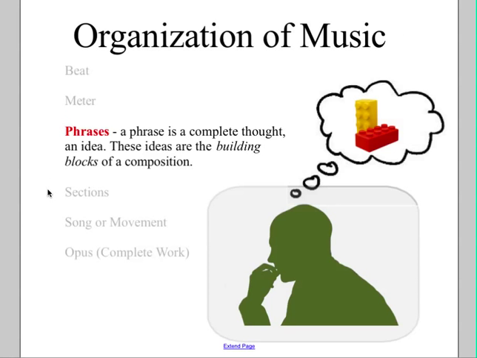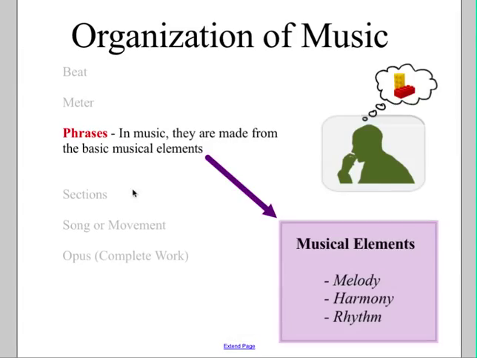Well, what's a phrase? Much like in language, whether you're speaking or writing, or whether you're listening or reading, a phrase is a complete thought. It is an idea. And these ideas are the building blocks of compositions. Now, they're formed from musical elements which we're all familiar with: melody, harmony, or rhythm.